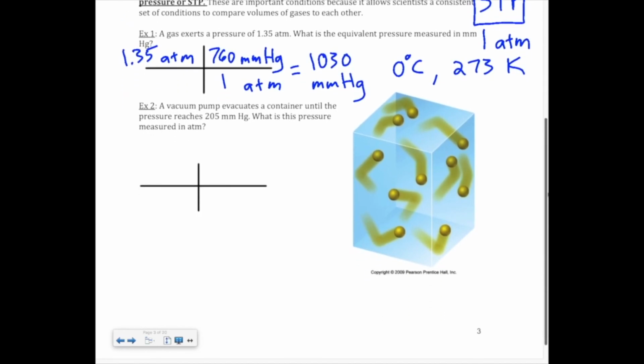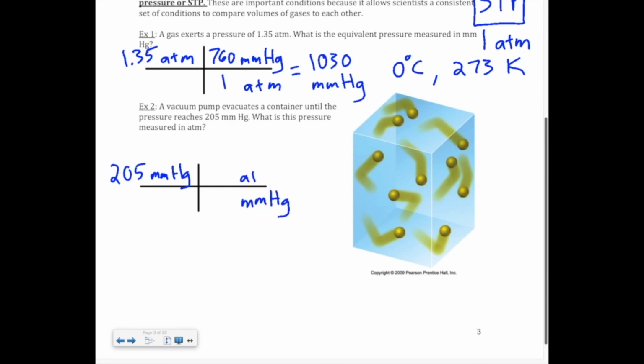And then a vacuum pump evacuates a container until the pressure reaches 250 millimeters of mercury. What's the pressure in atmospheres? It's just backwards. So we take millimeters of mercury and convert to atmospheres. There are 760 millimeters of mercury in 1 atmosphere.